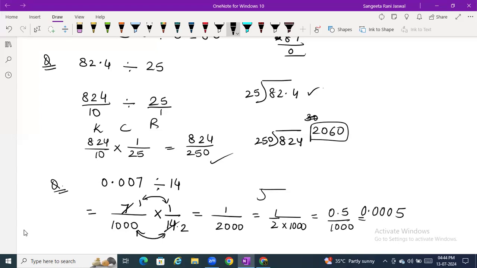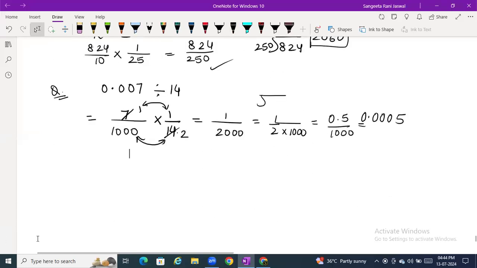And then just to simplify this, I have just separated 2 and 1000 so that you know what is 1 by 2. 1 by 2 is 0.5 and then you have 1000 here. So just shifting of the decimal point. Okay? Just to make things easier for you.